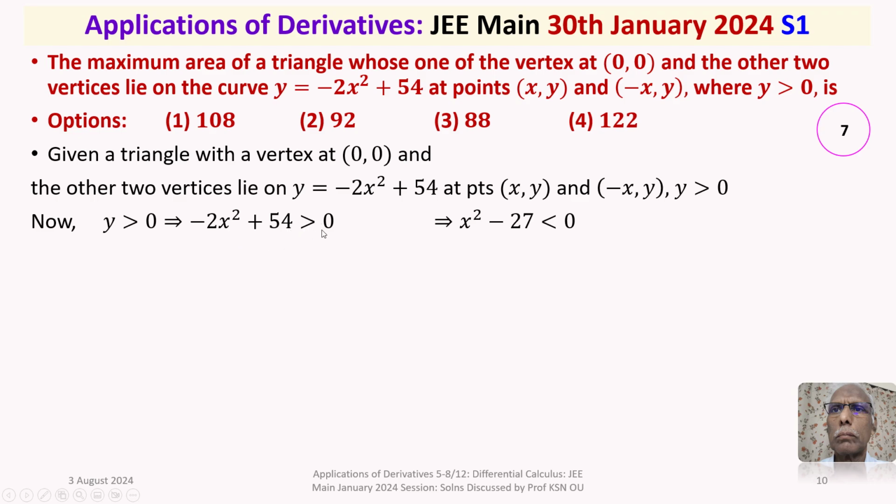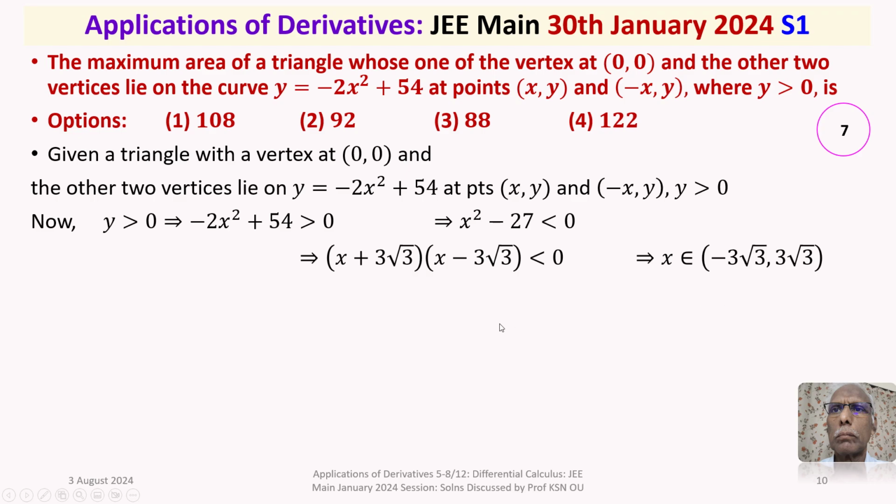Therefore the inequality will be reversed, that will be less than 0. This is the product of two factors, (x + 3√3)(x - 3√3) < 0. That will imply x belongs to the open interval (-3√3, 3√3).